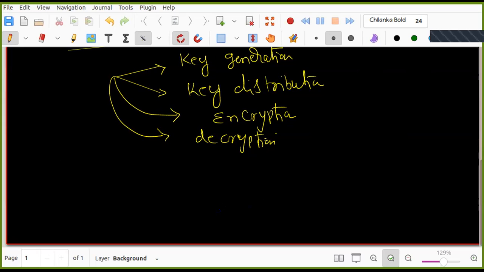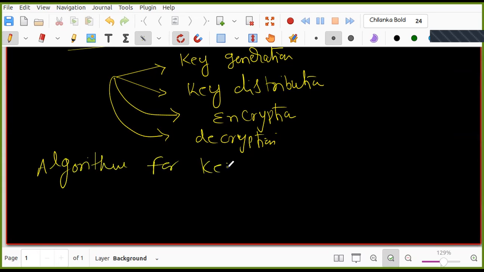Okay, no question. Fine. So let me write an algorithm so it will be clear to you. So this is the algorithm for key generation. Of course, it also includes distribution, but distribution is not much here.